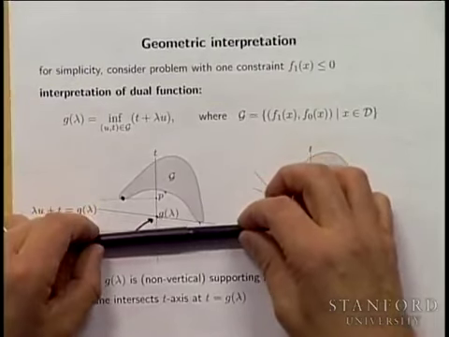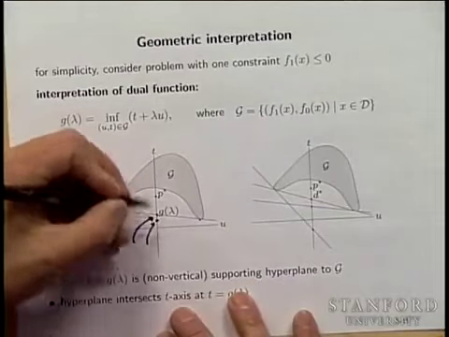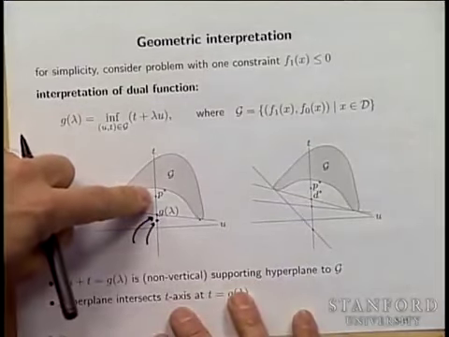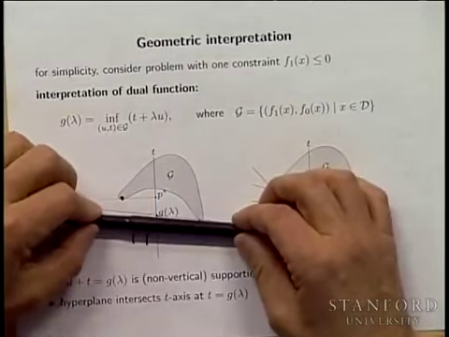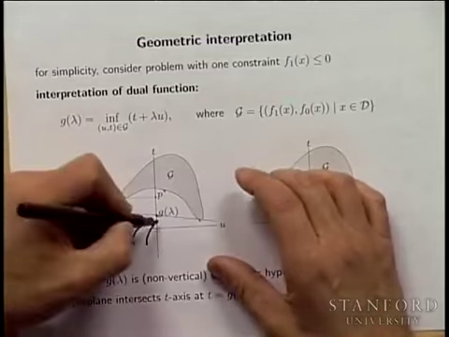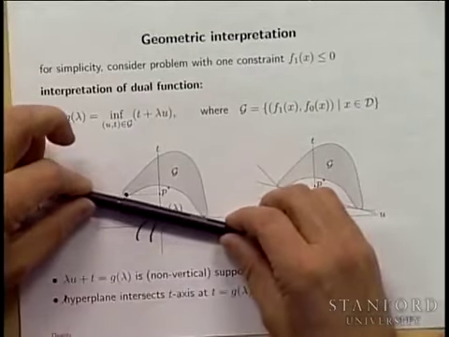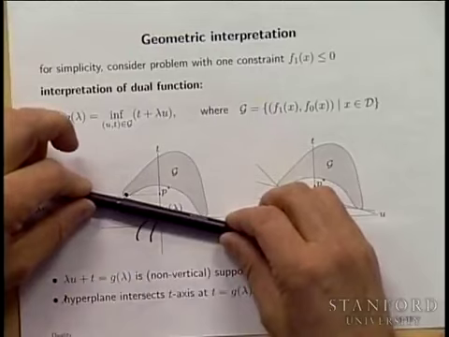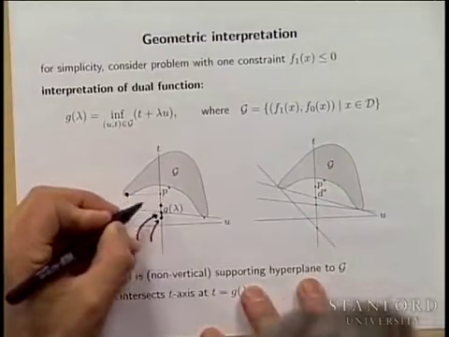You go down there, and g of 0 is this number right here, which is indeed a lower bound on P star. It has to be. Okay? Now I crank up the slope, and as I crank up the slope, g is rising. Okay? And it keeps rising until you just hit here, this point. At which point, here, it's right there. Okay?